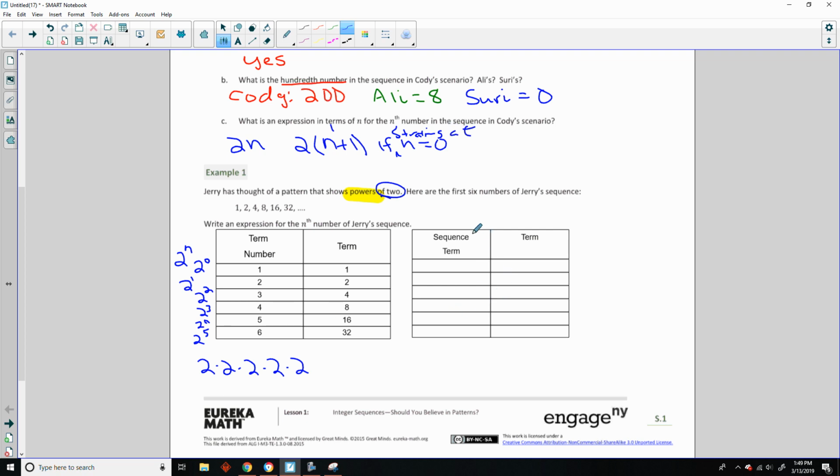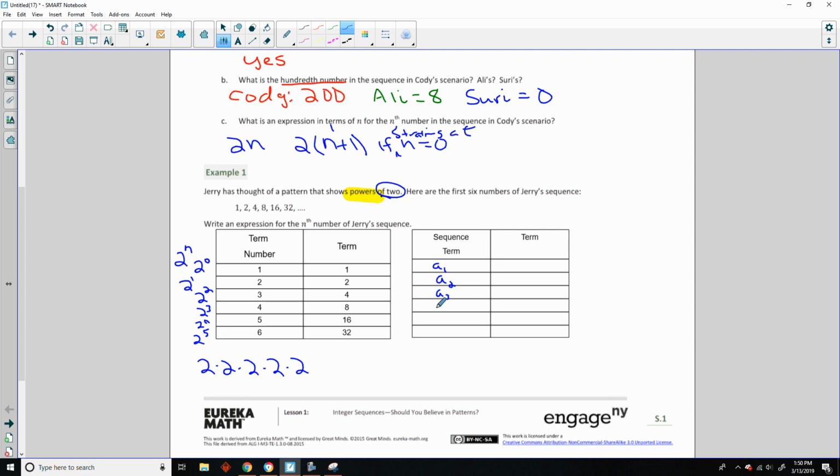Okay, so now it says sequence terms. Okay, we're going to use subscripts here. So if I write the letter A with a little 1 down below, that just means A sub 1. We say A sub 1 and it means the first term in the sequence. And so the little subscript number tells us the number of the term.